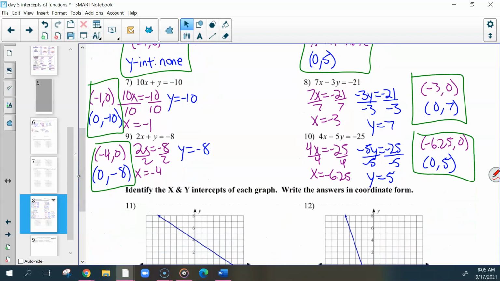For 7, x-intercept was -1, y-intercept was -10. 8, x-intercept was -3, y-intercept was +7. 9, x-intercept was -4, y-intercept was -8. And 10, you either got a fraction or a decimal. 20, -25/4 or -6.25 for the x-intercept, and 5 for the y-intercept.